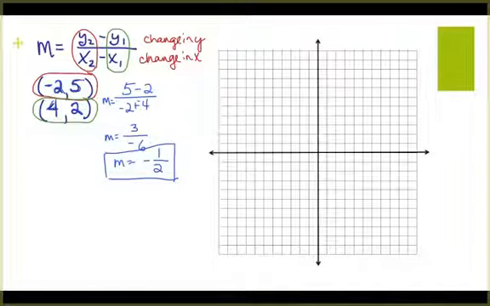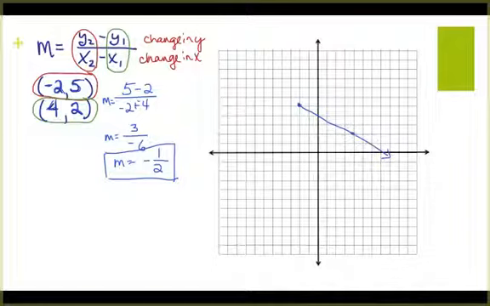Now, if I need to graph it, I got negative 2, 5, and then 4, 2. Remember we talked in the last video about having a visual.